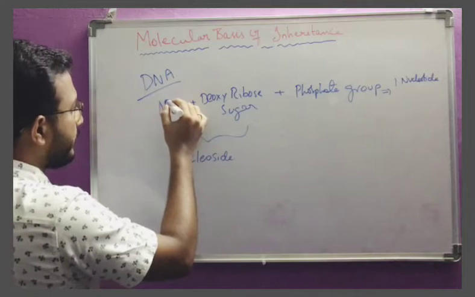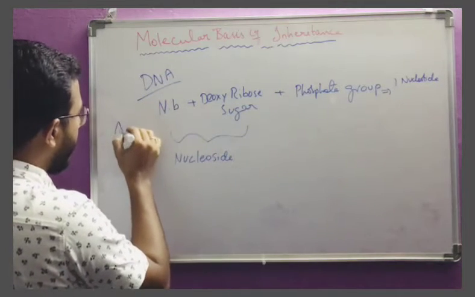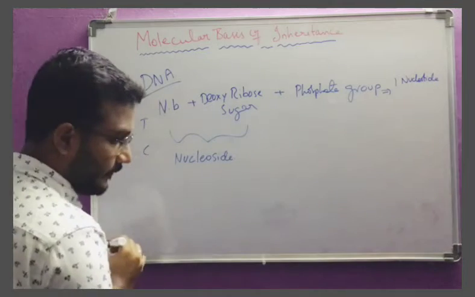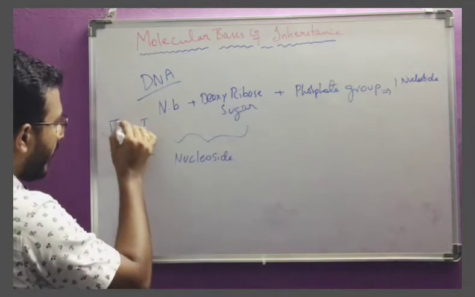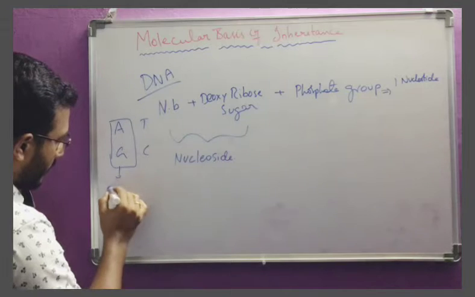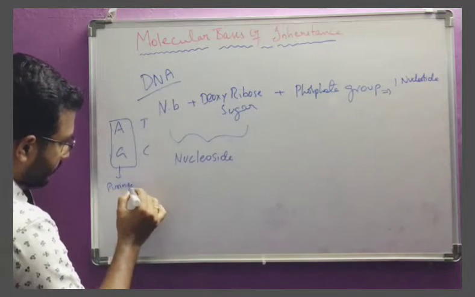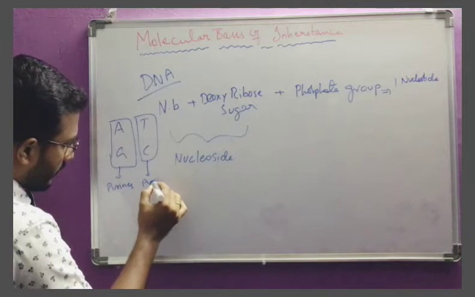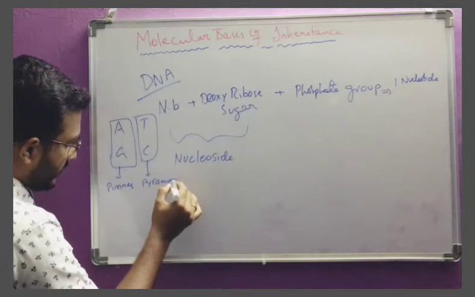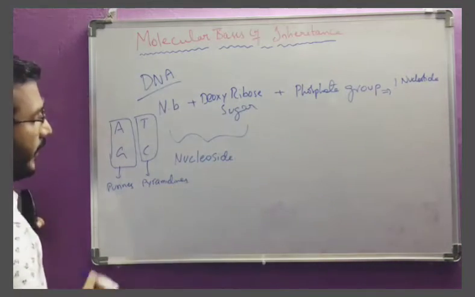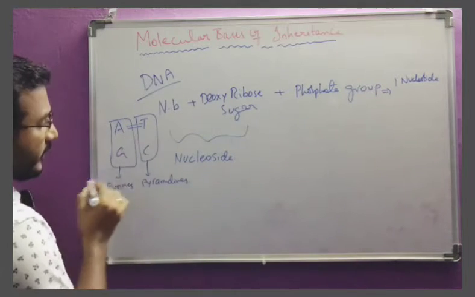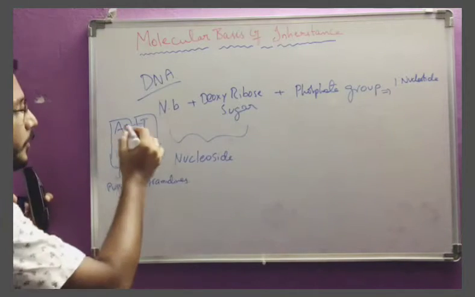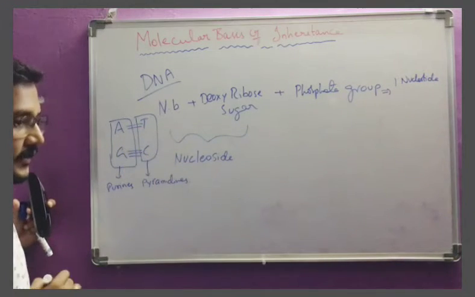And what are the nitrogen bases present in DNA? Adenine, thymine, guanine, cytosine. Adenine and guanine together are called purines, and thymine and cytosine together are called pyrimidines. These pair together with the help of hydrogen bonds: here 2 hydrogen bonds and here 3 hydrogen bonds.